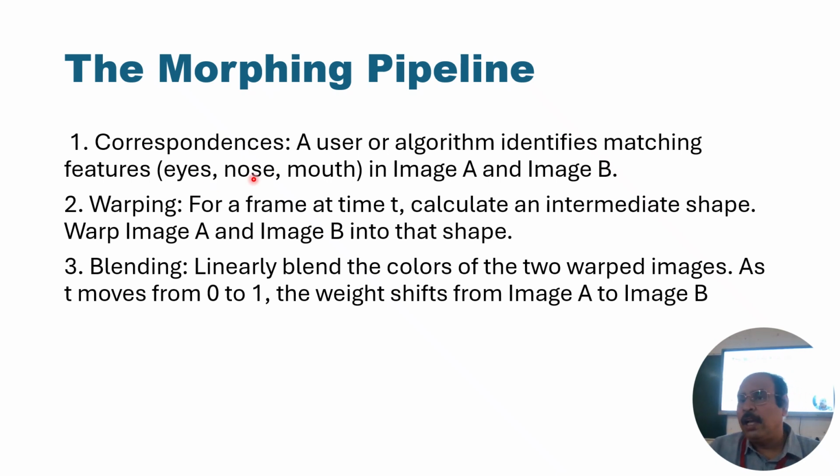Correspondence: you select the area where you need to do the morphing, which is the part of the image that you want to change, and then you select the time frame and convert that set of pixels into an intermediate shape. But still you have so much mismatch, so we require blending, where you mix both the warped images, and we make the necessary weights and bias changes. We'll be learning some fundamentals of deep learning in our course.